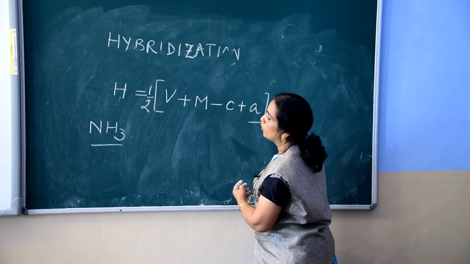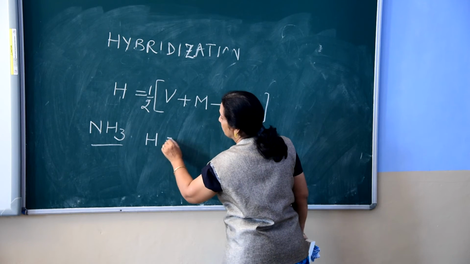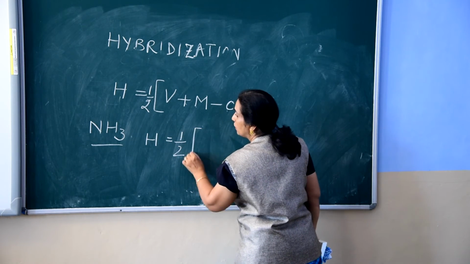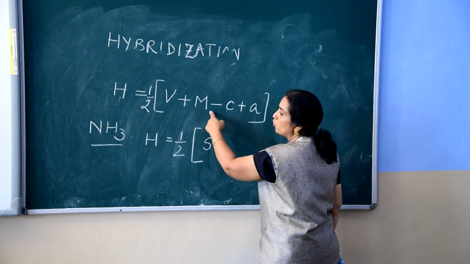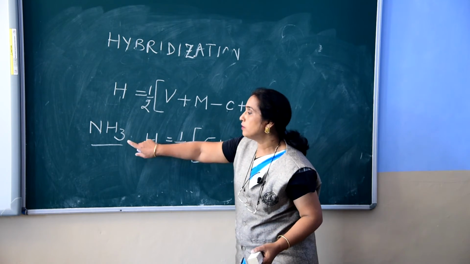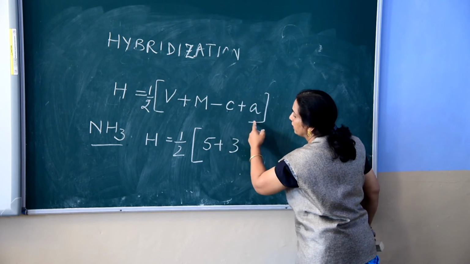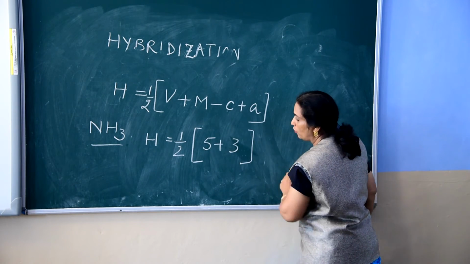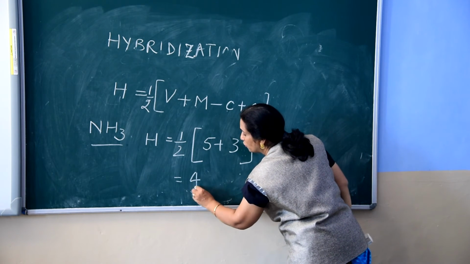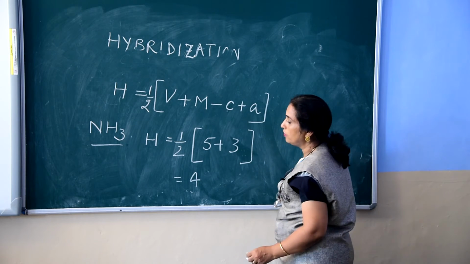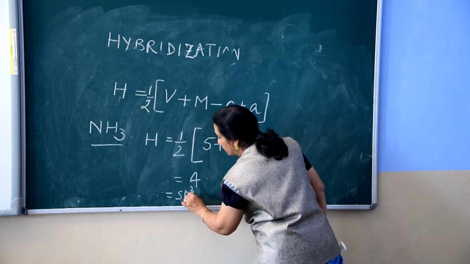Now, through this formula also we can calculate it. H hybridization will be equal to half into the number of valence electrons, which is 5, plus the number of monovalent atoms. Hydrogen is a monovalent atom, so it will be 3. There are no cations or anions attached here, that is 0. So, the total will be 8 divided by 2, that is equal to 4. So, the hybridization will again be equal to 4, that is sp3.